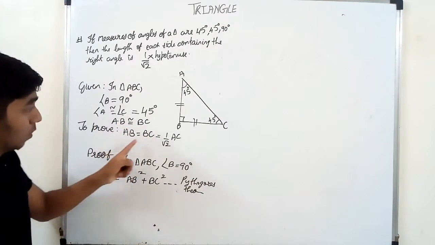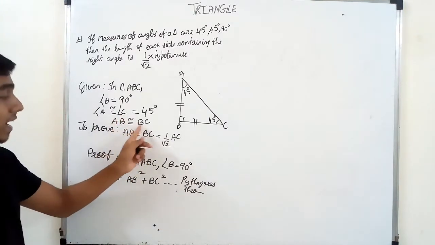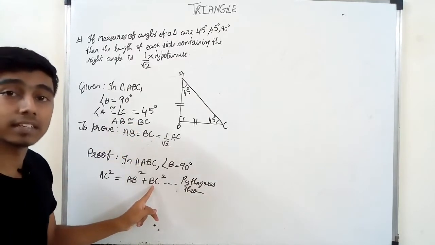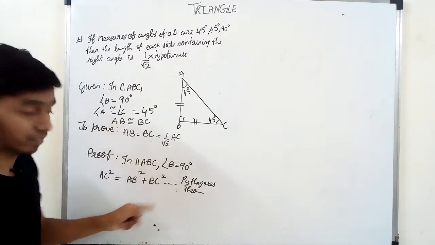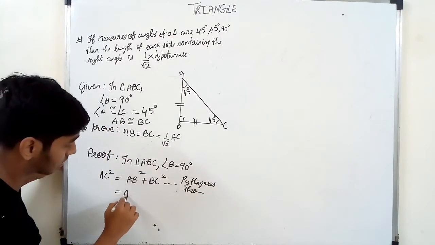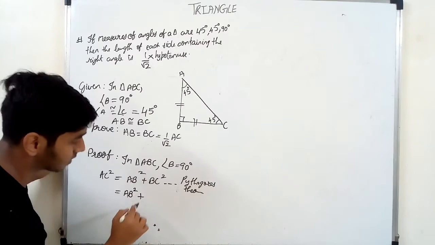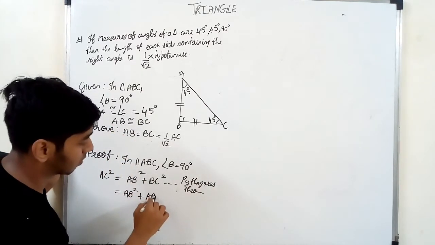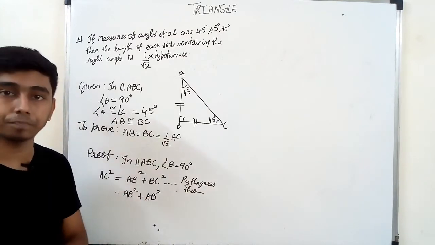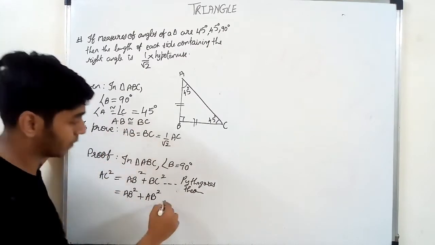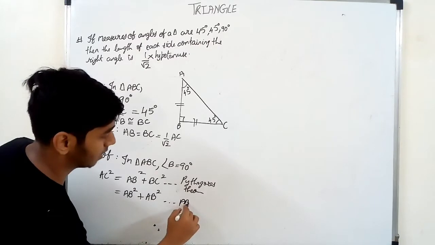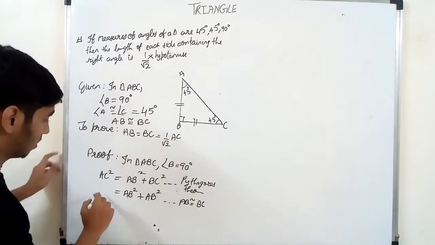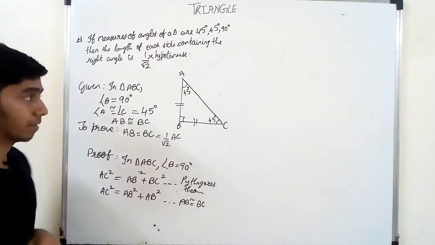And now we know AB and BC are both equal. So can I write, instead of BC, AB itself? So I'll write here AB square plus, instead of BC I'll write AB, so this will become AB square again. Yes or no? Because we can write the reason, AB is congruent to BC.